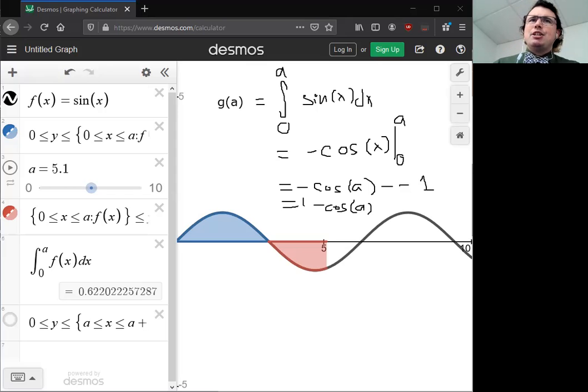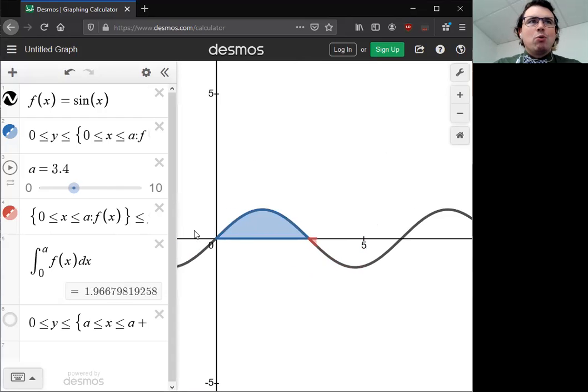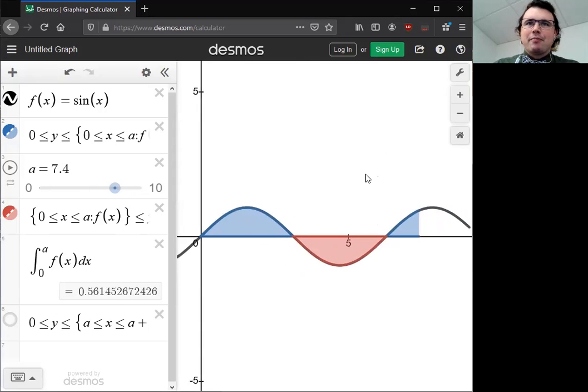Now, in general, I'd like to be able to study this kind of function, this kind of g of a, where I am defining a new function off of starting an integral at some coordinate and then varying the stop place.